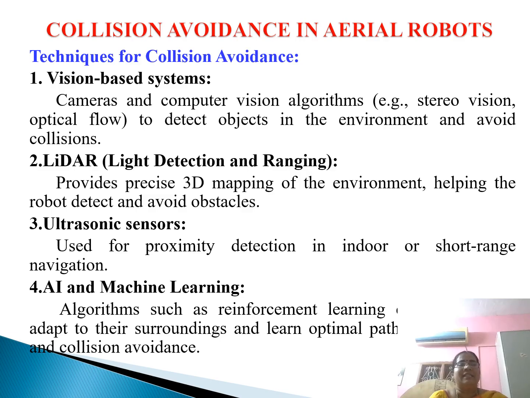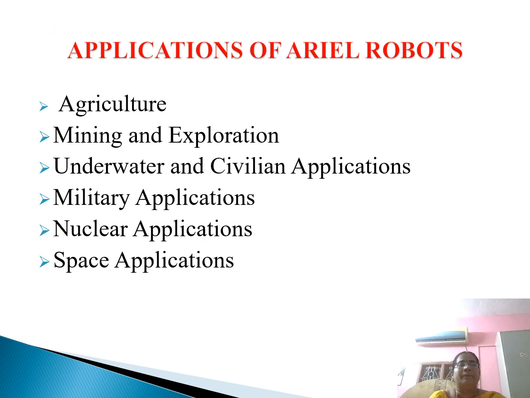The third one is the ultrasonic sensor method. It is used for proximity detection in indoor or short range navigation. Next, AI and machine learning techniques. Algorithms such as reinforcement learning adapt to their surroundings and learn optimal path planning and collision avoidance.